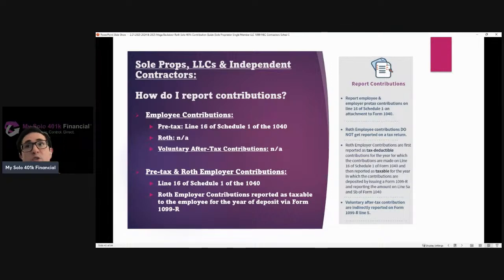So if it's that 2024 employer Roth contribution that's deposited here in 2025 by the business tax return deadline, including extension, that'll reduce the taxable income on the 2024 1040, line 16 of Schedule 1. But it'll be taxable to the employee on the 2025 tax returns. They'll have to add that income on their 1040 via a 1099-R that will report that as a taxable transaction.